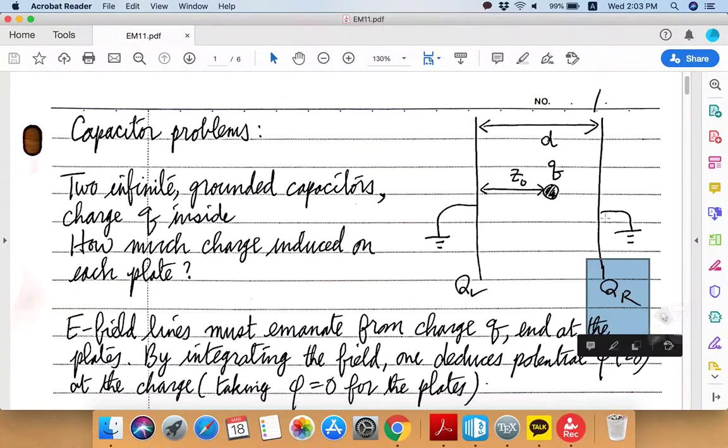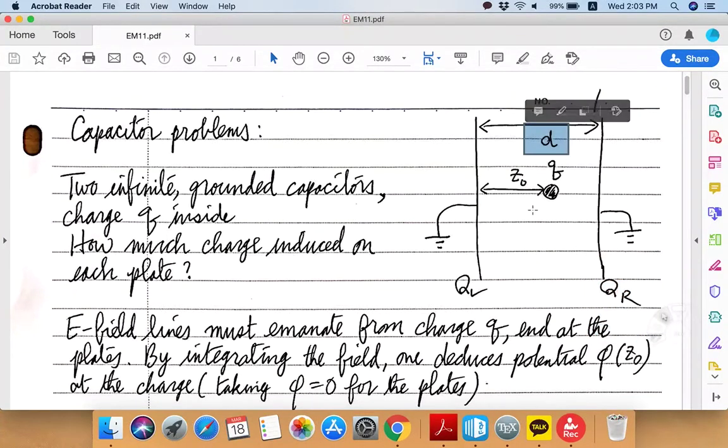The separation between the plates is set to be D, and the separation from one of the plates to the point charge is set to be Z0. So that's the setup of the problem, and the question is whether we can find the exact amount of induced charges, QL and QR, as a function of the point charge Q.